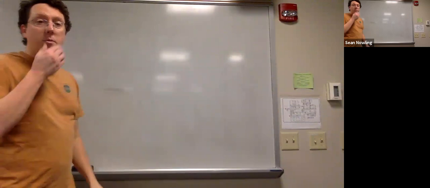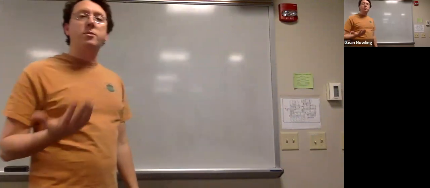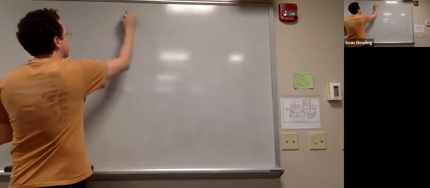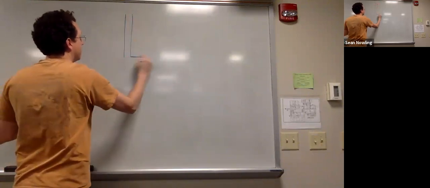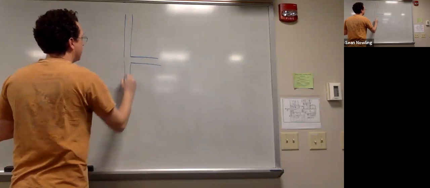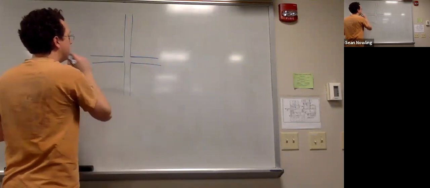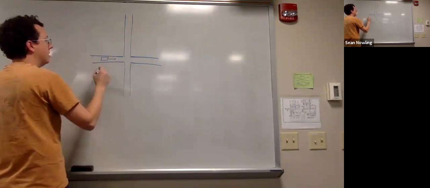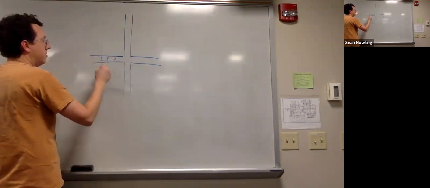Let's do another example. Let's do an example in 2 dimensions. Let's imagine that there is an intersection, and a car traveling at 10 meters per second.